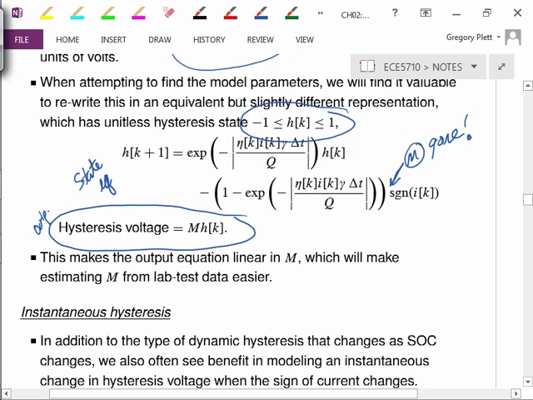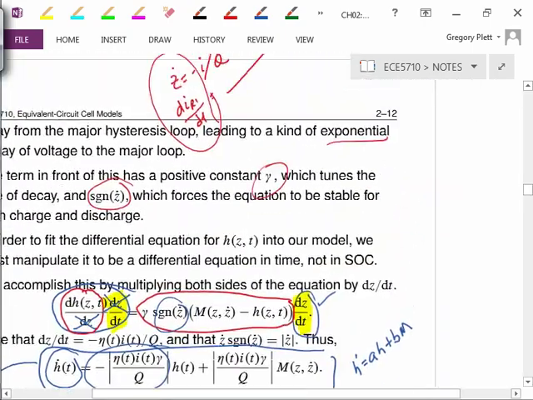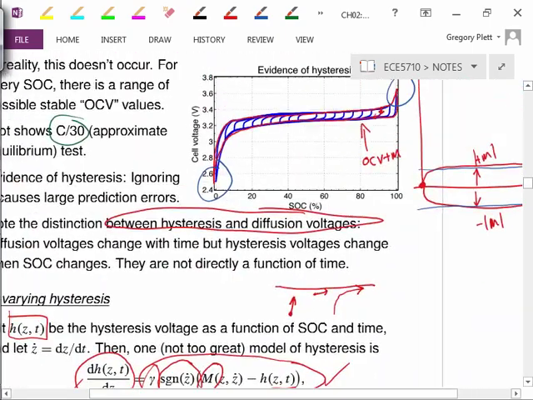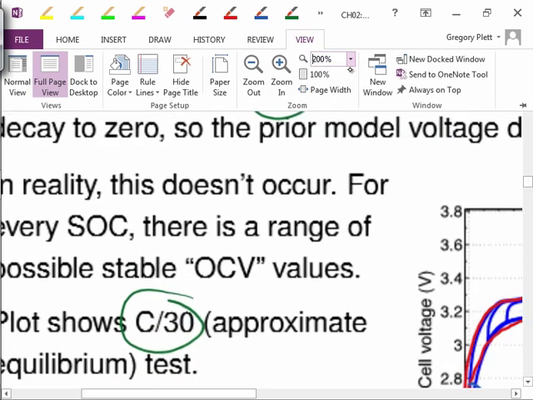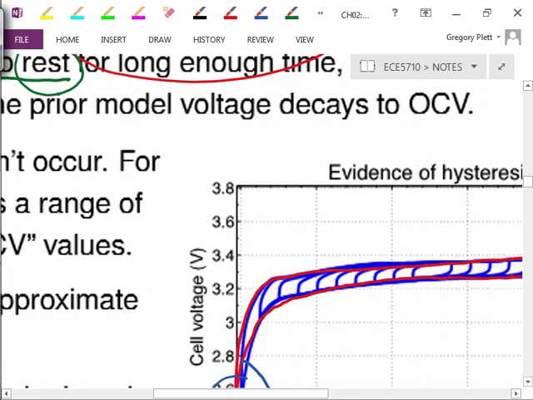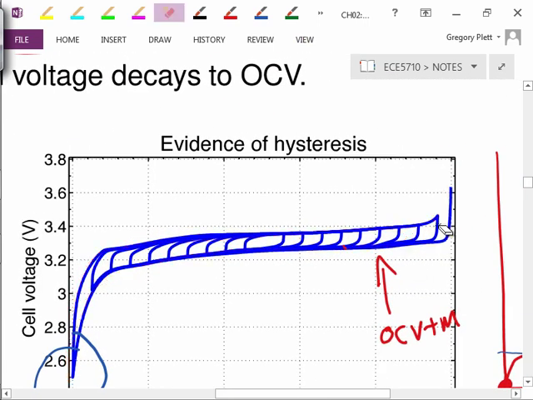You could look at that figure of our lab test result, and coming back to it here, I'm going to see if I can zoom in a little bit more so we can see some of the detail in the figure. The reason for using the exponential shape, as you can see, there is curvature here. The hysteresis bends as you change state of charge.